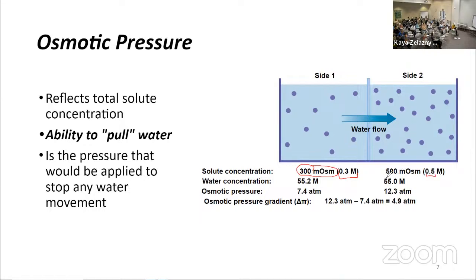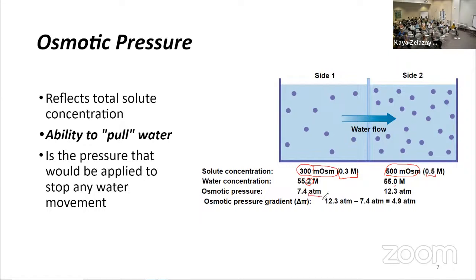So we've got 500 milliosmoles. So we can see that the concentration of water is higher on the side where we have low solute concentration. It's lower where we have a higher solute concentration.